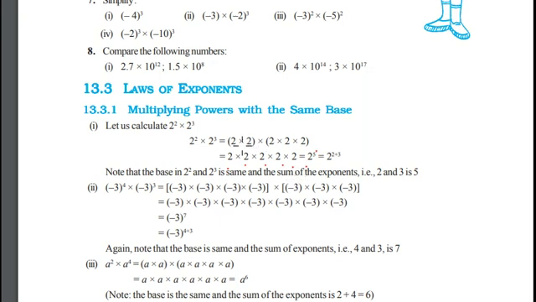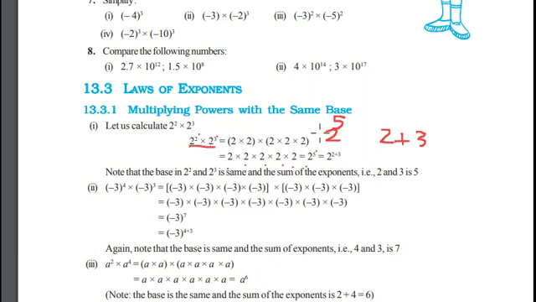And we can notice that the product of these two numbers, multiplying powers with the same base, is equal to 2 to the power of 5. The exponent of the first number is 2 and the exponent of the second number is 3 with the same base.